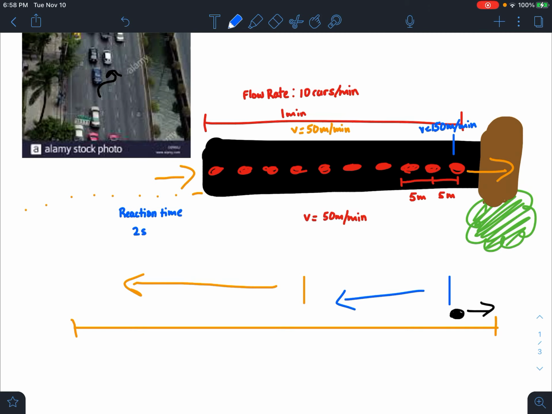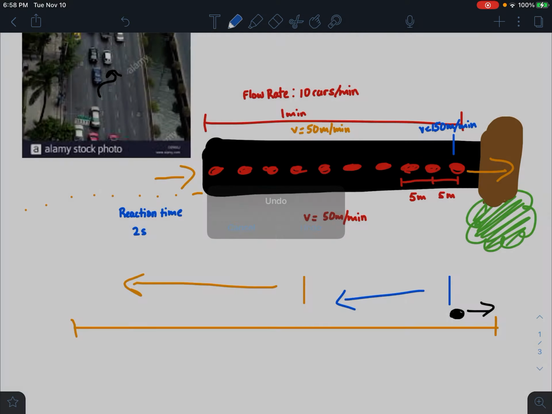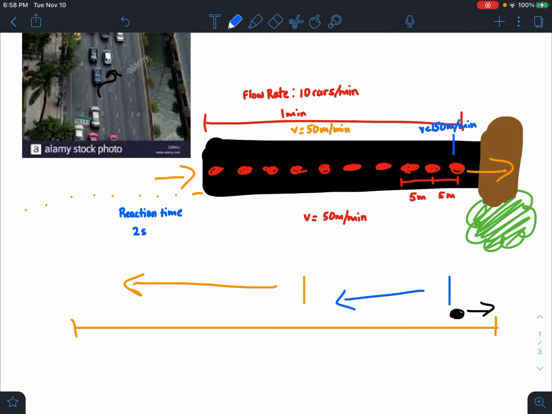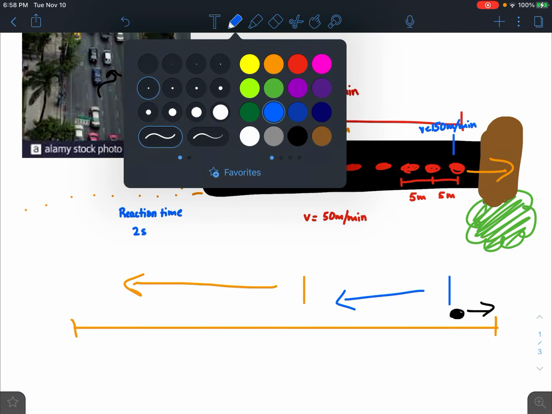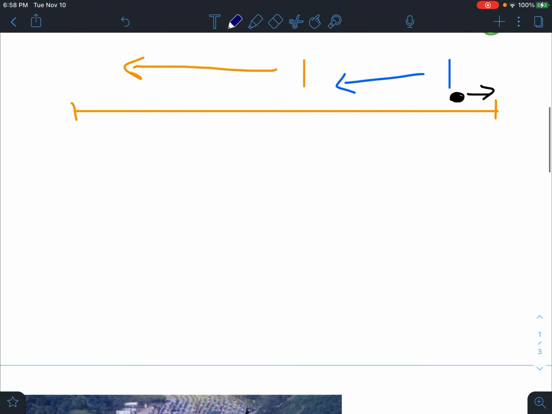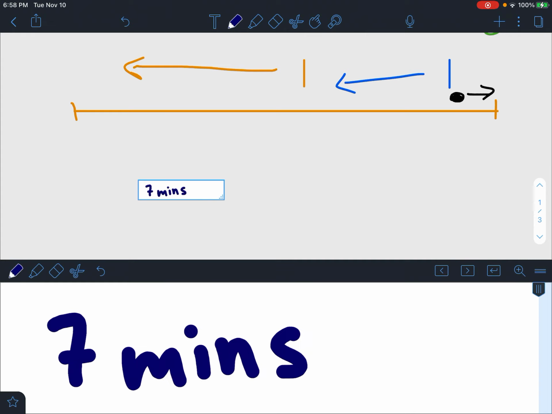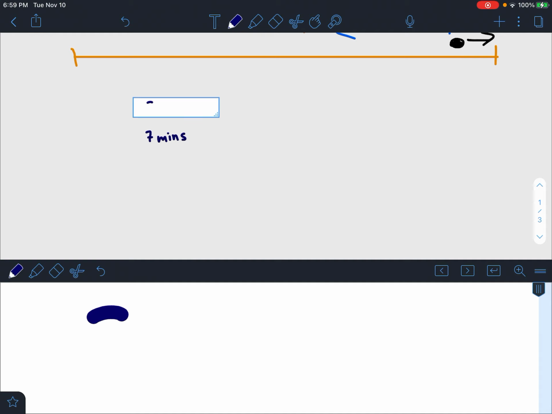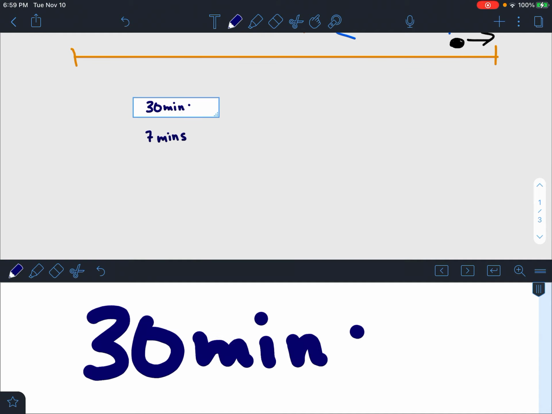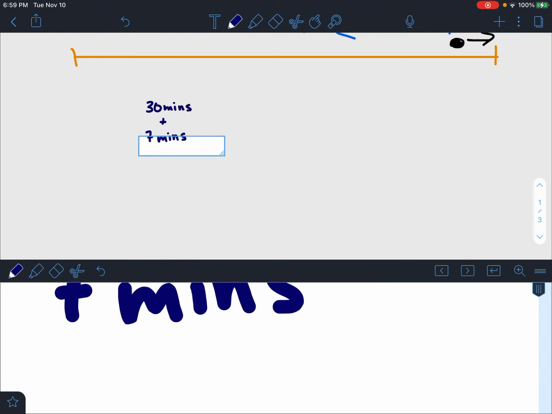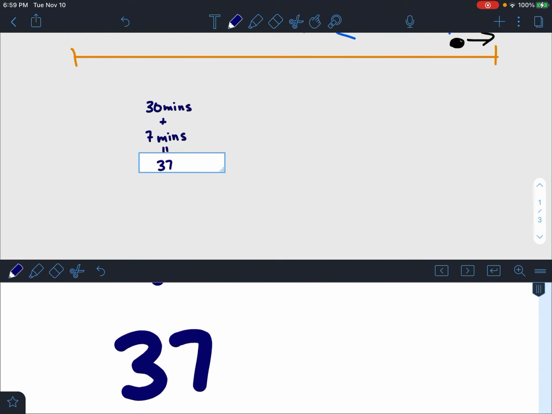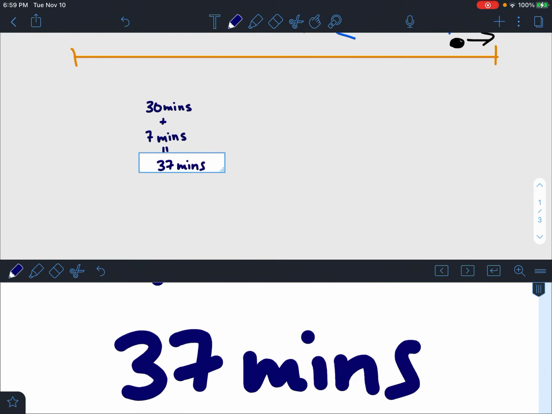Let's say the time for that jam was 7 minutes, and your concert was 30 minutes away. It's going to add that 7 minutes and say, well, you got 37 minutes. Basic math there, right? Okay.